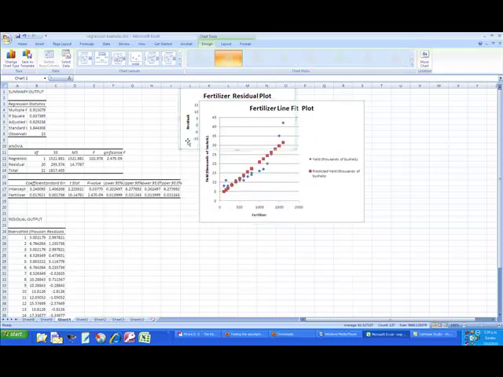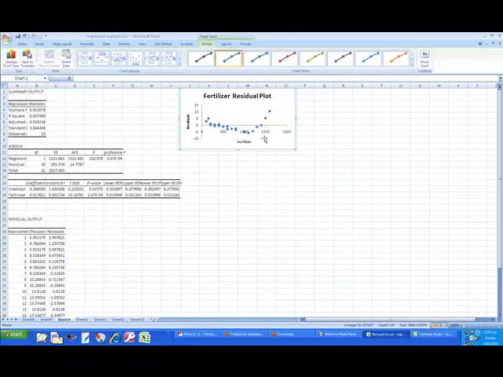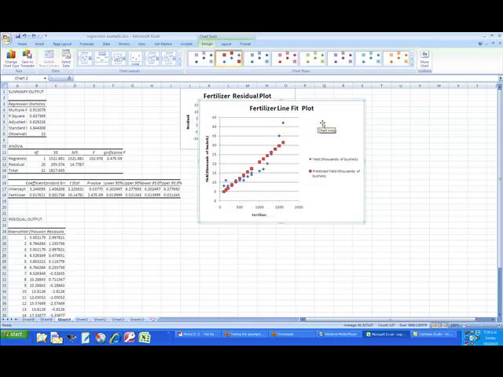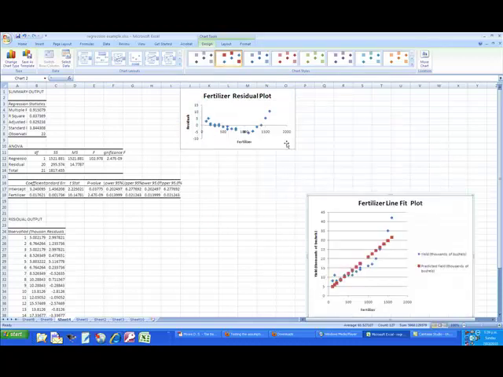But we also get another graph now. Where is it? Let's get rid of this one. Well, I shouldn't have gotten rid of that. Maybe I bring that back and just move it over here. And here's the other graph.